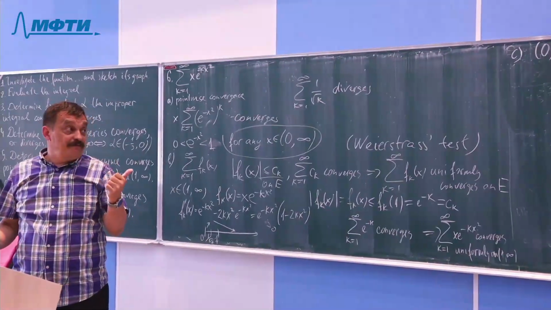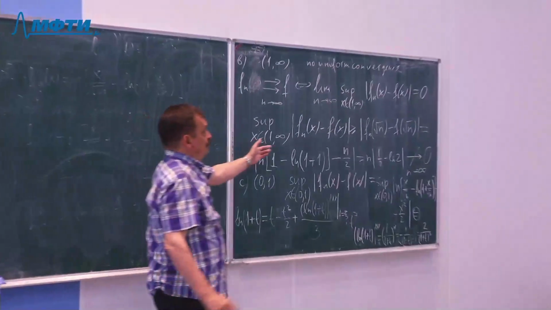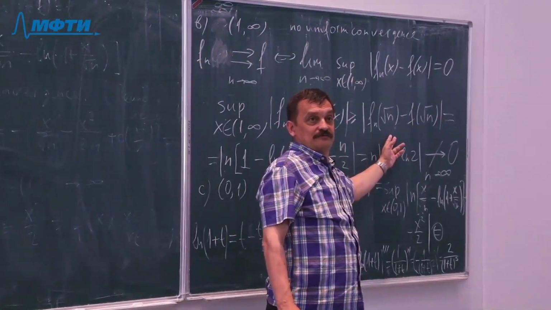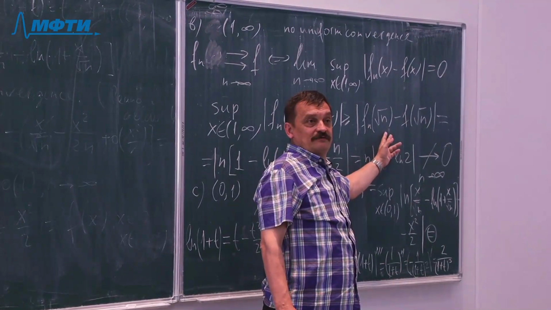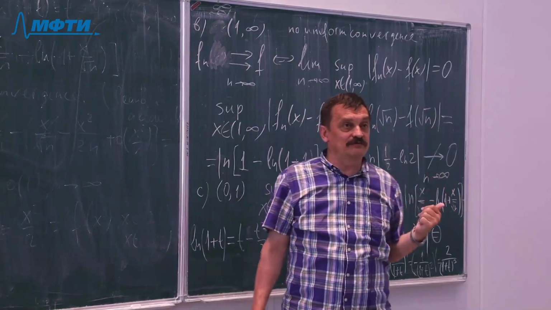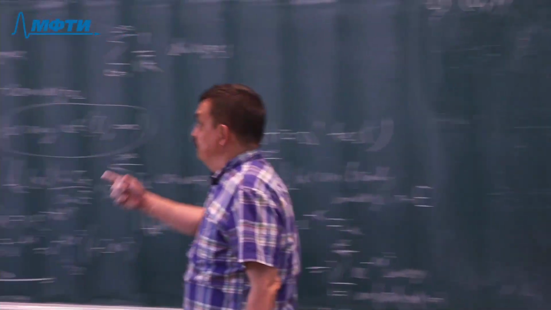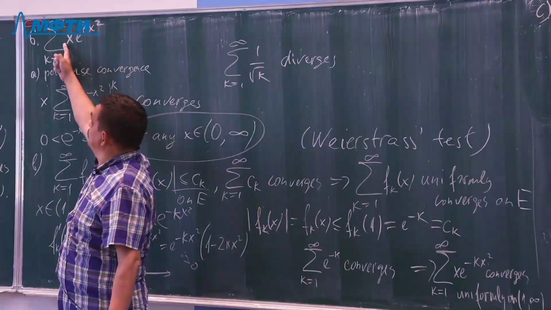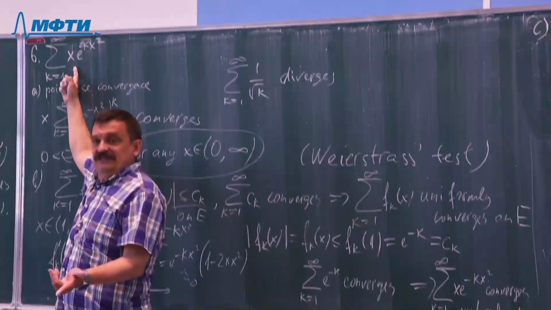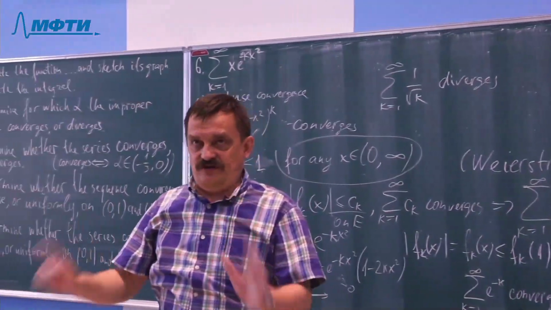So remember, the fifth question. Look, we just found a particular value where our function does not tend to 0. Very good. In fact, if you can find a value of x where the general term of our series does not tend to 0, then you have no uniform convergence.